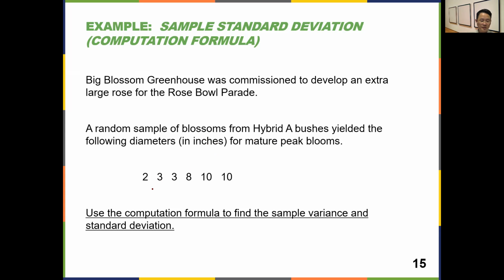It's a nice story, but I don't really care. I really care about these numbers. We have 1, 2, 3, 4, 5, 6 different numbers. Again, what's the big topic here? What are we trying to figure out? We're trying to figure out the spread of this data.